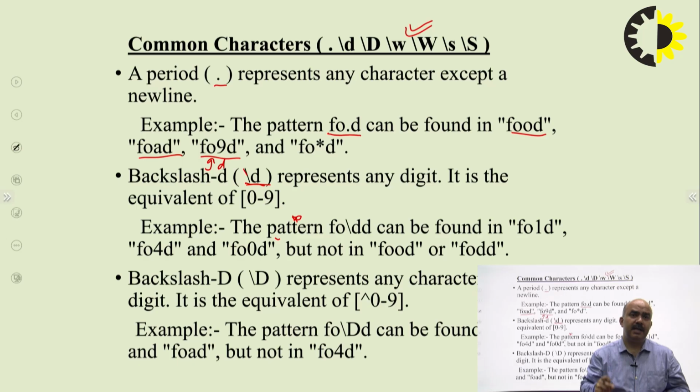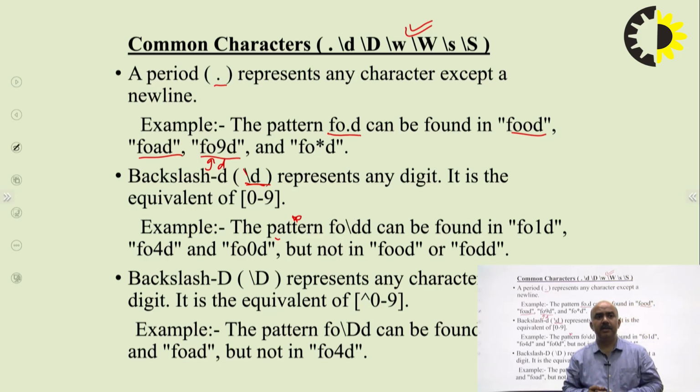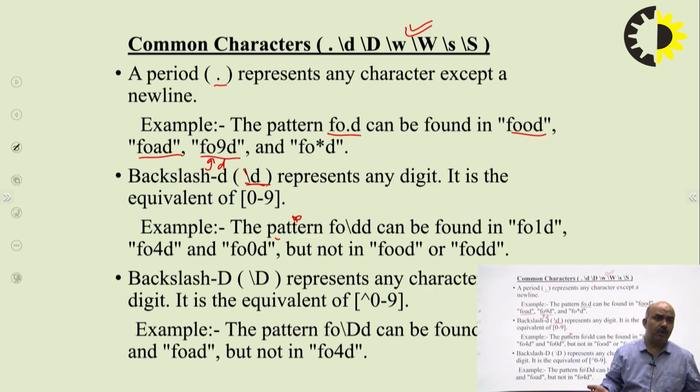If a digit is there, then the pattern matches, otherwise it does not match. In this example we are checking the pattern fo\dd, so at this location a digit value must be there. If the digit value is there, the pattern is matched. If not, the pattern is not matched.